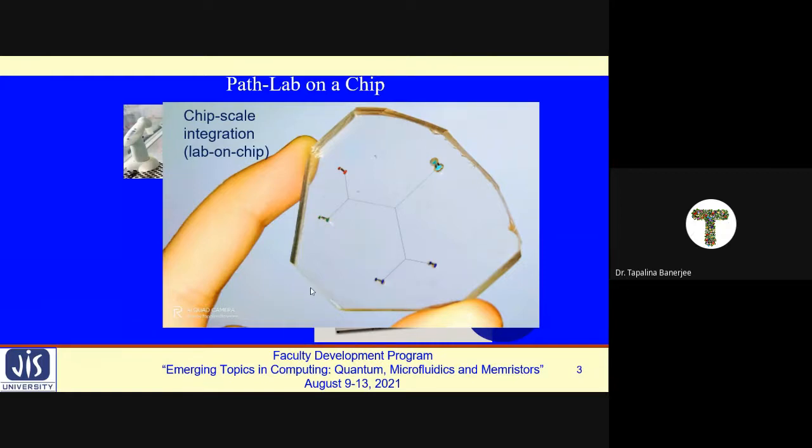And this is known as path lab on chip. Biochips provide fast and low-cost solution to various applications such as sample preparation, pathological diagnostics, DNA analysis, cell sorting, drug design, and synthetic biology. Microfluidic technology has the potential of replacing conventional benchtop protocols by combining the functionalities of biochemical analysis with sensors on a single chip.